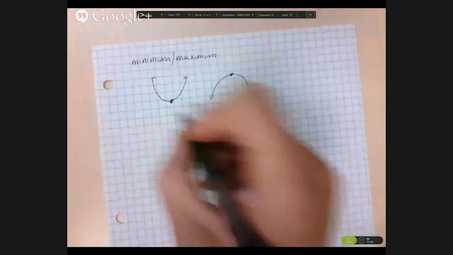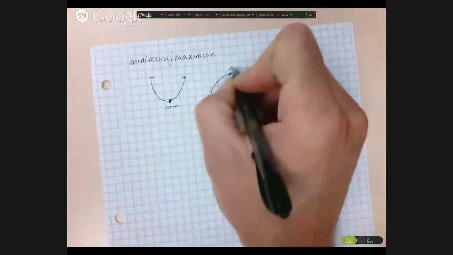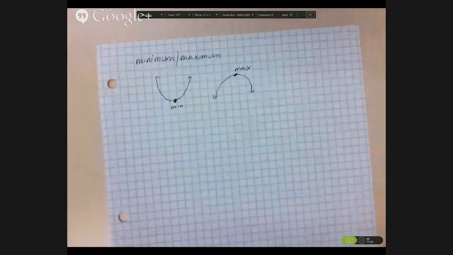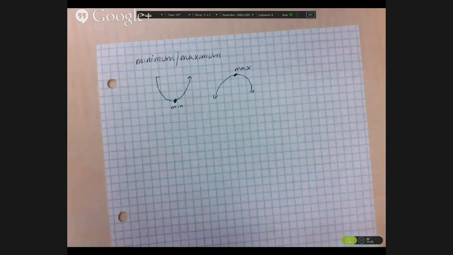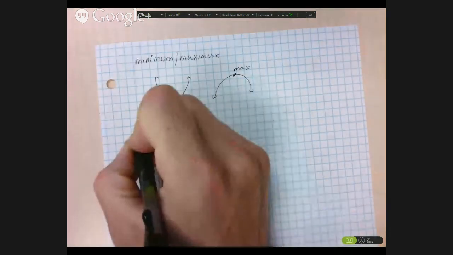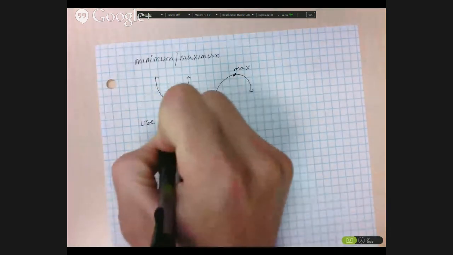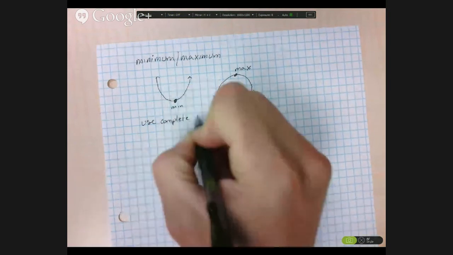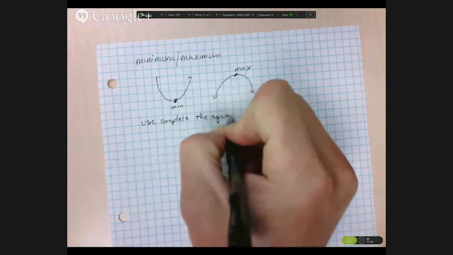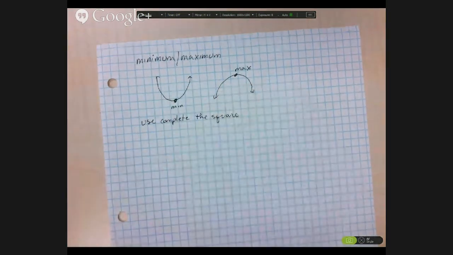So we have a min or a max. One way to do this is using completing the square.